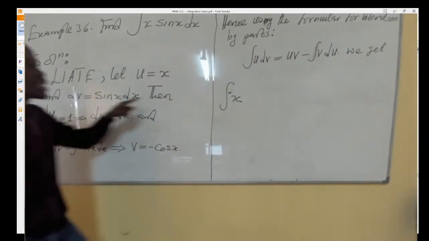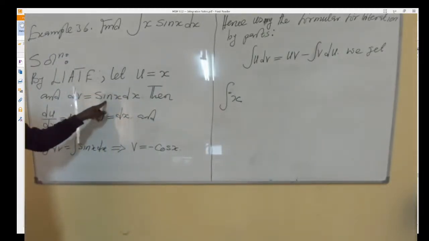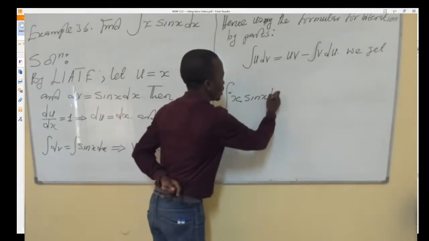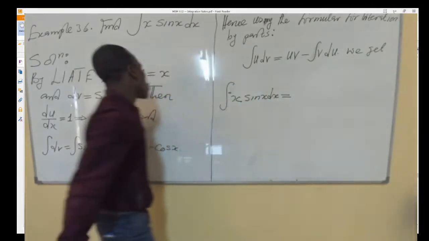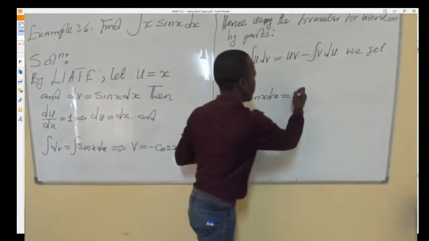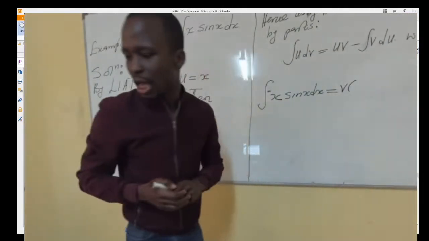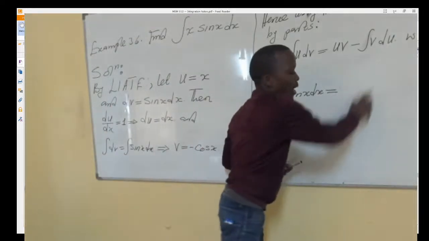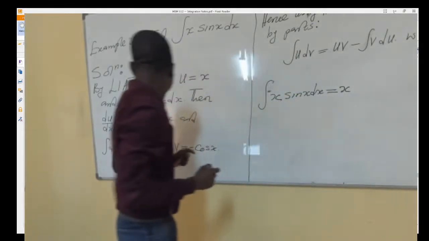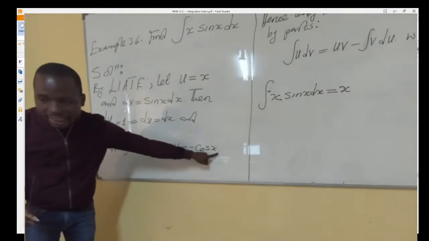What was your dv? Our dv is equal to sine x times dx. Now our v, what is our v? We have solved that it is equal to the negative of cos x.